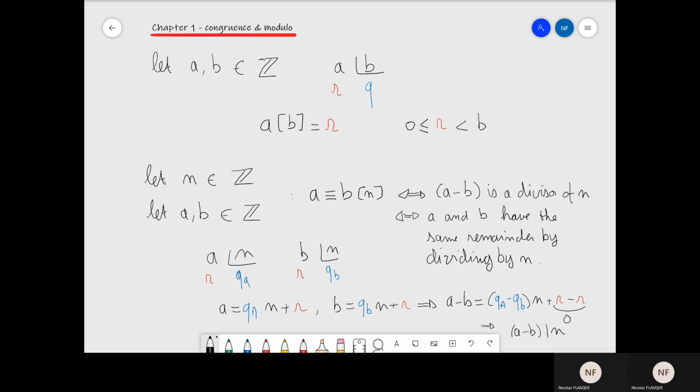This will correspond to the remainder of the Euclidean division, and this notation with congruence means that two numbers share some kind of property with respect to another number n, here for A and B. Actually, A is congruent to B modulo n means that A minus B is a divisor of n, or, and it's strictly equivalent, that A and B have the same remainder by dividing by n.